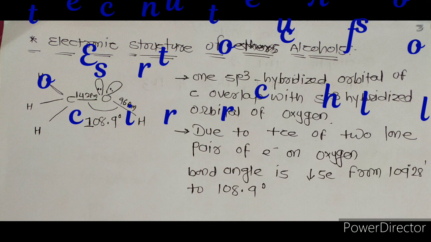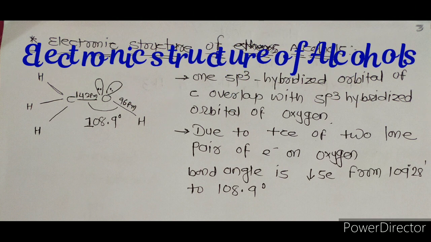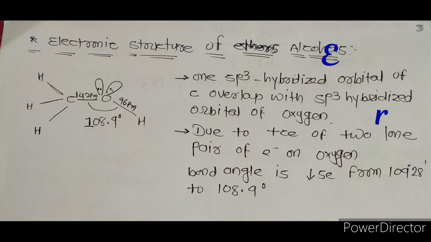Now we will discuss the electronic structure of alcohol. To understand it, we use methanol, that is CH3OH. Here, one sp3 hybridized orbital of carbon overlaps with one sp3 hybridized orbital of oxygen and forms a sigma bond, or we can say a single bond.